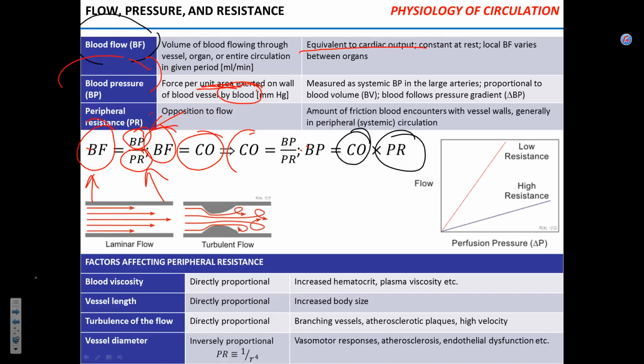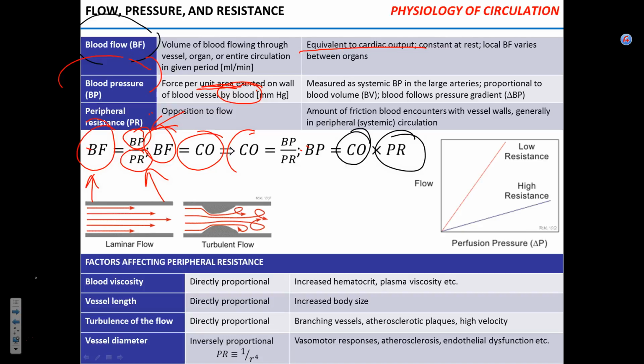Now, going back from the terms to the logic, when we say increased cardiac output, what do we mean? How can we increase cardiac output? I mean, in terms of the parameters of the heart. When you exercise, what happens to your heart rate?